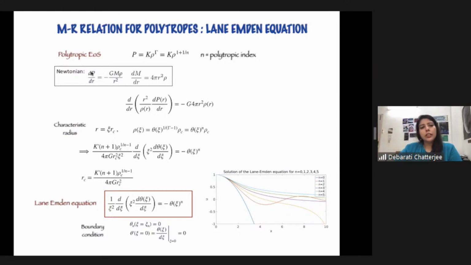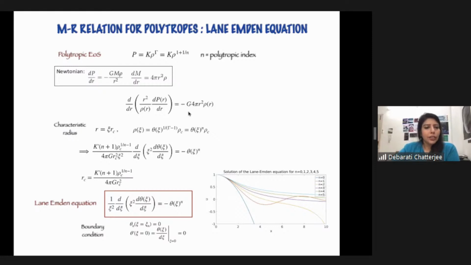So for the Newtonian structure equations that we just saw, dP/dr and dm/dr, what if we try to eliminate one of them and make a single Poisson-like equation? This is what it would look like. If you substitute m using this equation and plug it into the other, you get a Poisson-like equation looking like this.